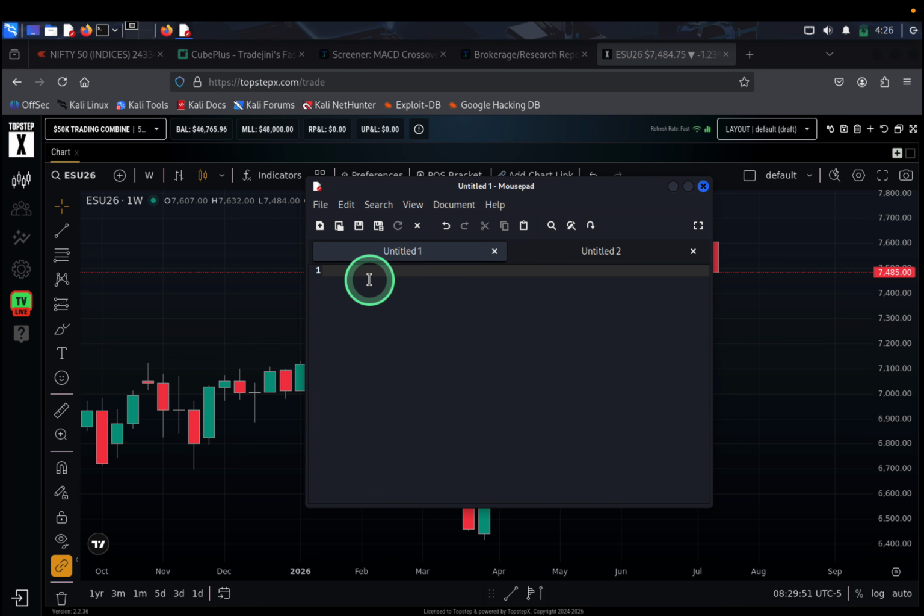So I will just name the terminologies. The basic two tools, which were framed by ICT, a circle trader, are liquidity pools and fair value gaps, and inverse fair value gaps.